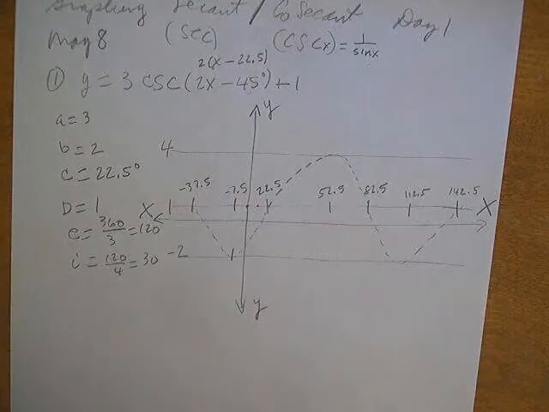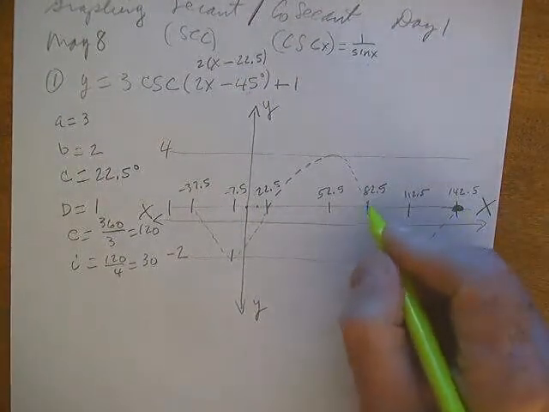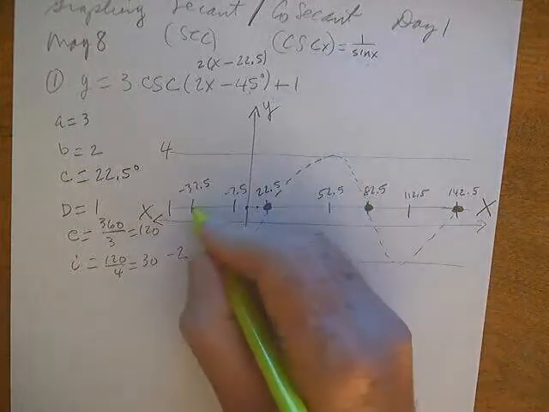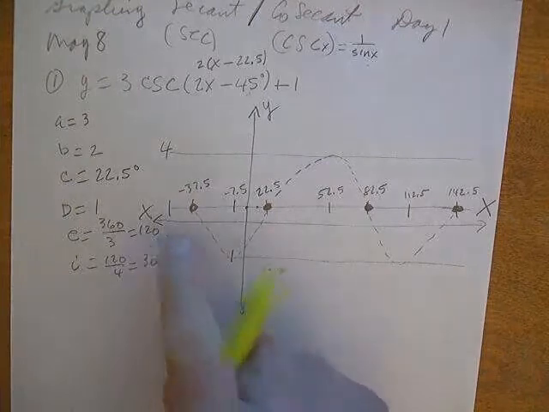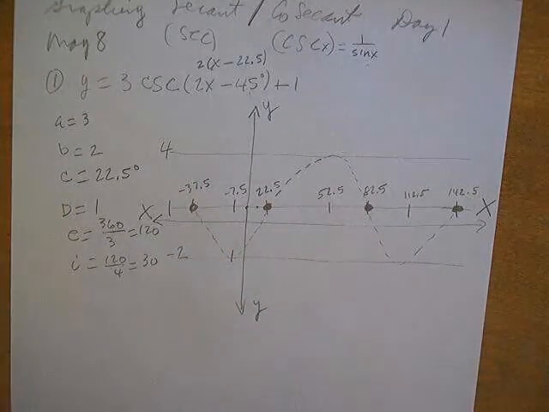We graphed this like it was sine. But cosecant is the reciprocal, so it's not sine. So here's what you want to do. Every point where you hit the center line, darken all of those points. Boy, that is really easy.